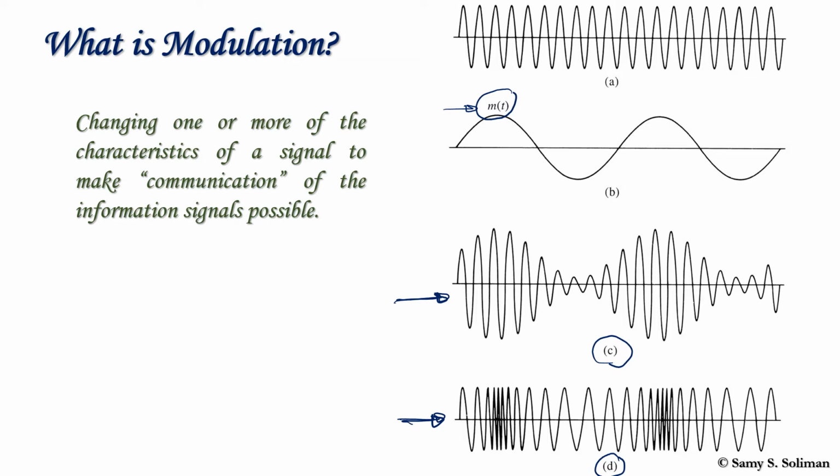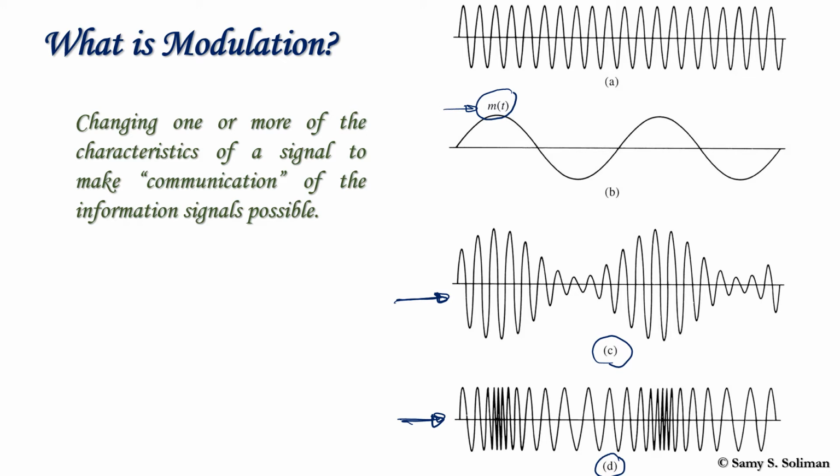That's why it is commonly accepted to define modulation as frequency up conversion, or increasing the frequency of the signal to be transmitted. And in a while we will discover why we might need to increase the frequency of the signal.